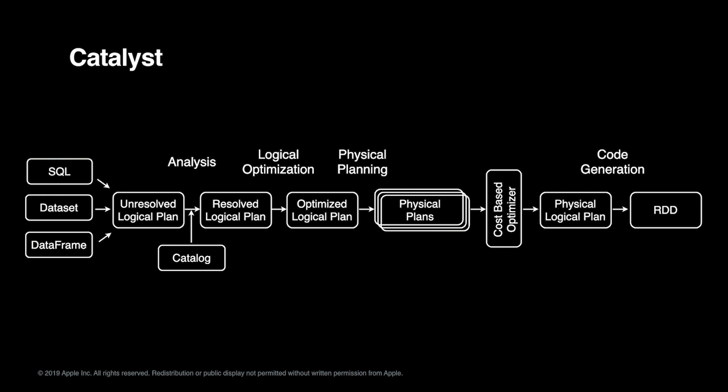So in unresolved logical plan, the attribute or the type name is not actually resolved yet, but Spark gonna combine with the catalog and do the analyze, and then we're gonna get a resolved logical plan. So over there, we already have the attribute name, we have the data type, the type checking over there is already done in runtime, and then we're gonna run optimization on the logical plan.